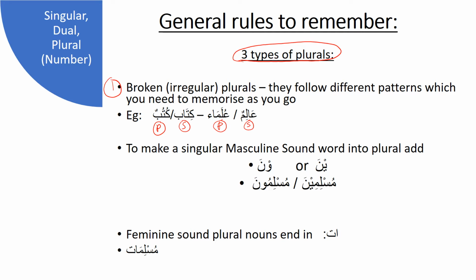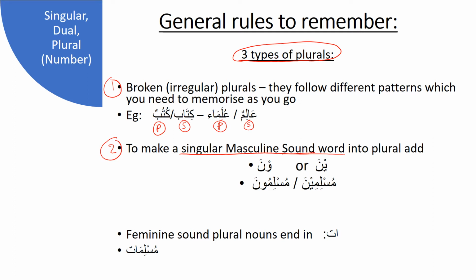The second plural is to make a singular sound masculine word, okay, which does follow a pattern. That's why it's called sound. It's sound because it follows a very safe and sound pattern which you can rely on. So if you want to make a singular masculine word into a plural, you add ina or una depending on the state.